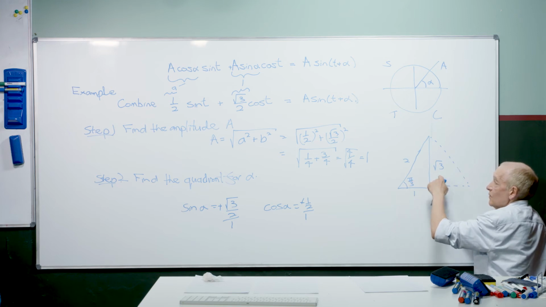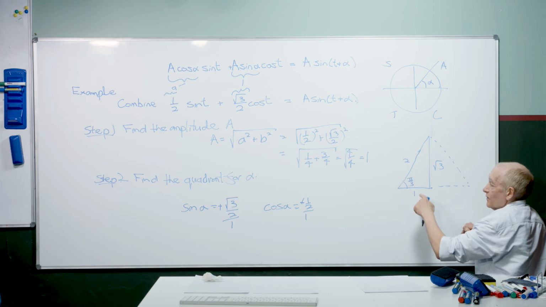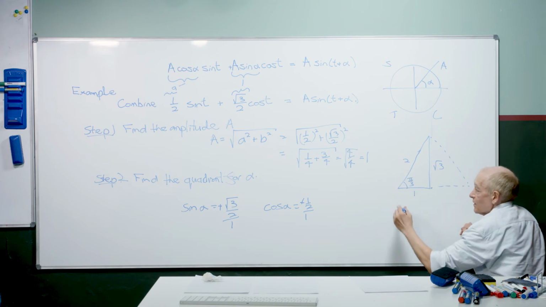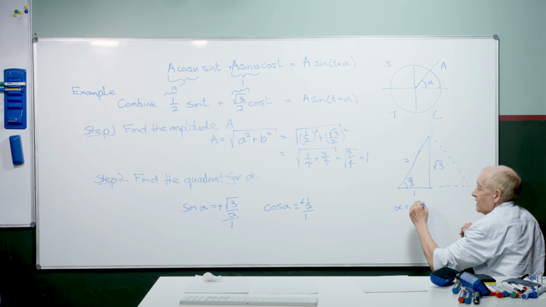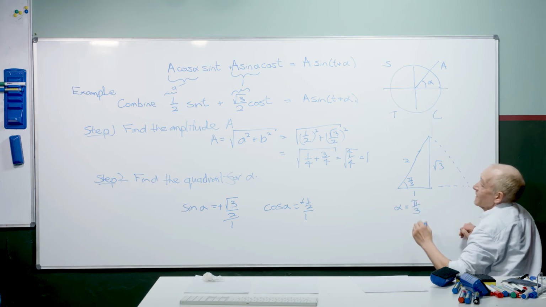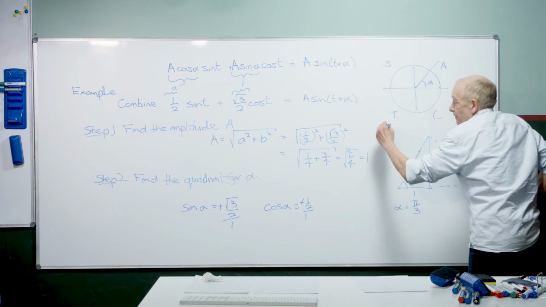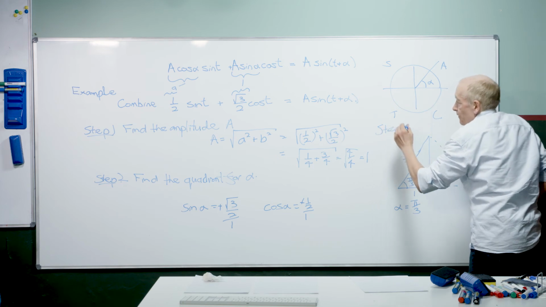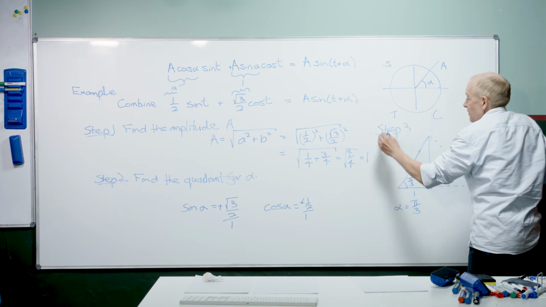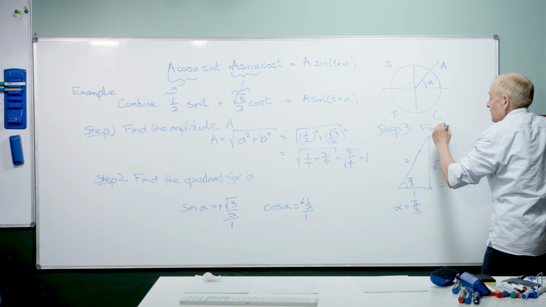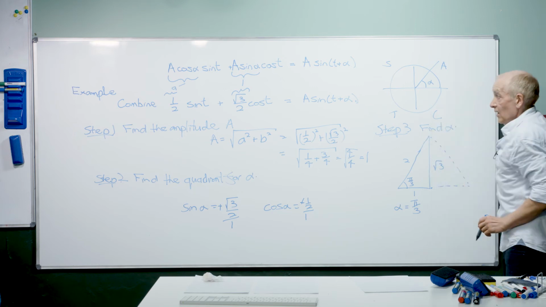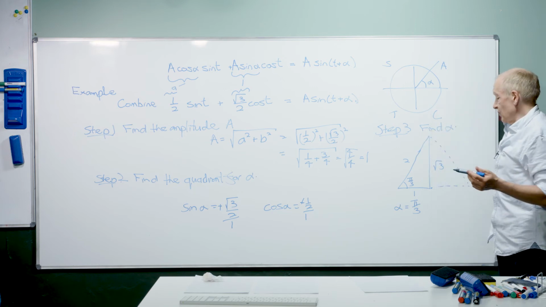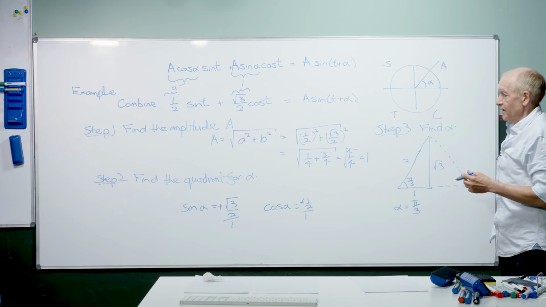Sine of this is root 3 on 2. Cos of this is 1 on 2, so therefore alpha has to equal pi on 3. Step 3 is to find alpha. And the final step, step 4, is to write what the final answer is.